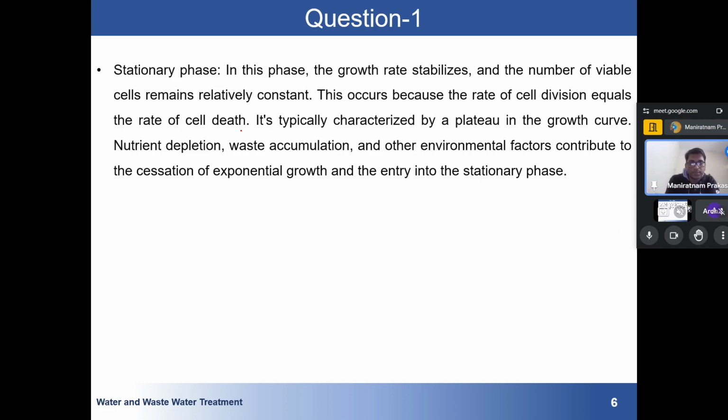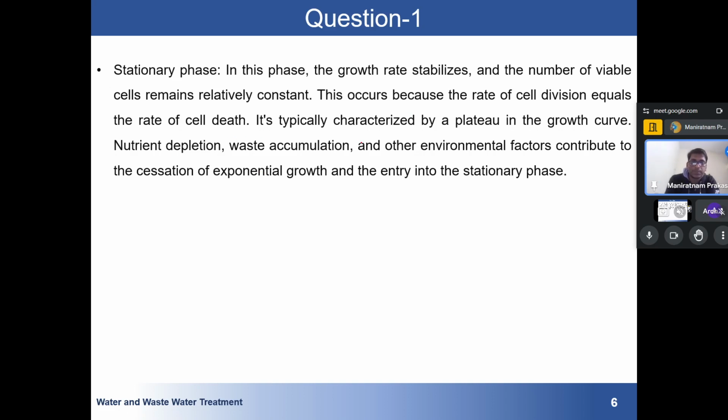The microbes which were produced initially will start to die due to absence of food, because all the food is being utilized by the newly formed microbes. So the rate at which cells are forming equals the rate at which the older microbes are dying.